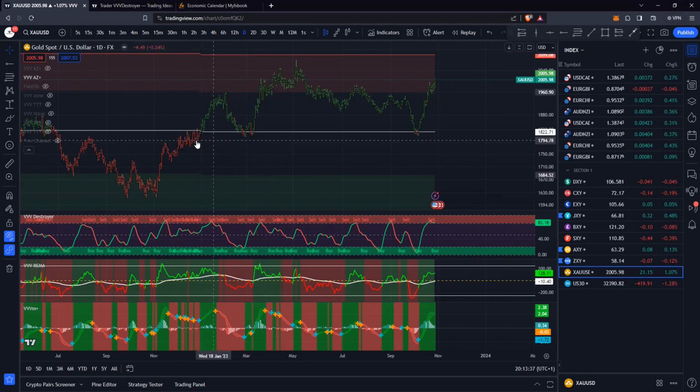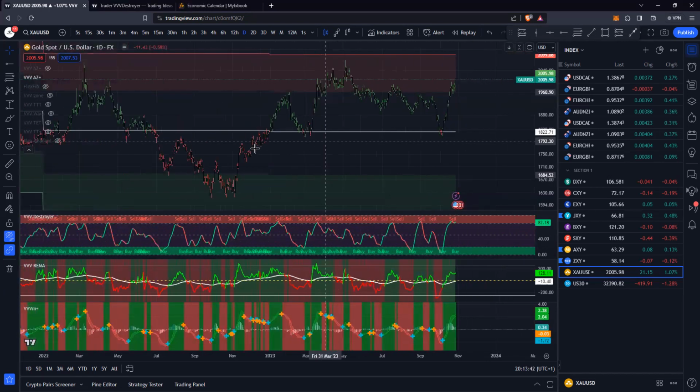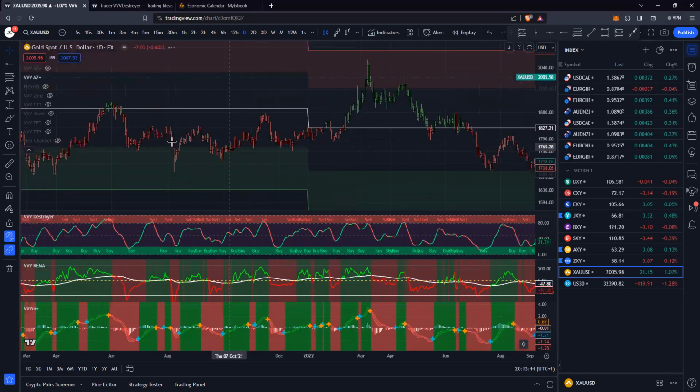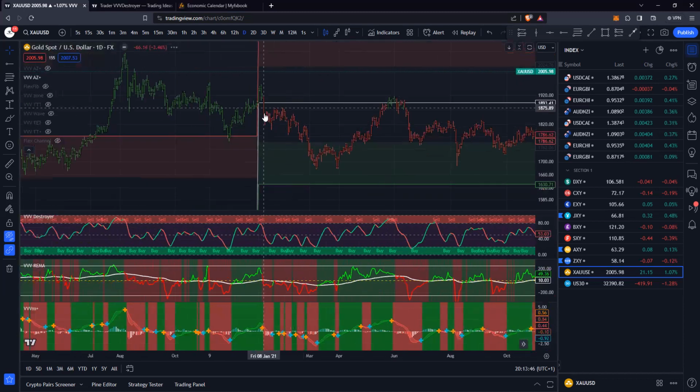We can see the opening price as a support or a resistance as well. And this is a pattern which comes back very often: it goes down, it goes back to the opening price, and after that it goes back down.